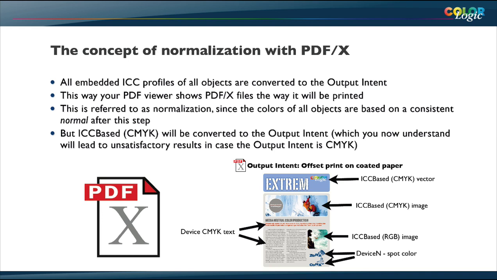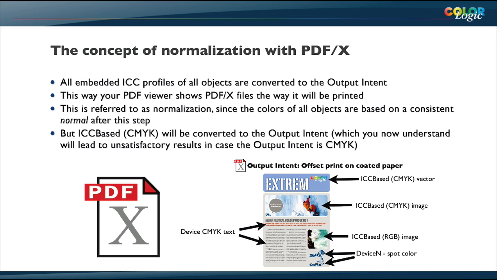And once we have an output intent that describes how a PDF shall be printed, and taking again my example image here, this time with ICC-based CMYK, ICC-based images for vectors, ICC-based RGB, what's happening in a normalization is that those profiles are taken, so the ICC-based CMYK vector or image is then converted to the output intent and shown on my display. The same happens with my RGB.